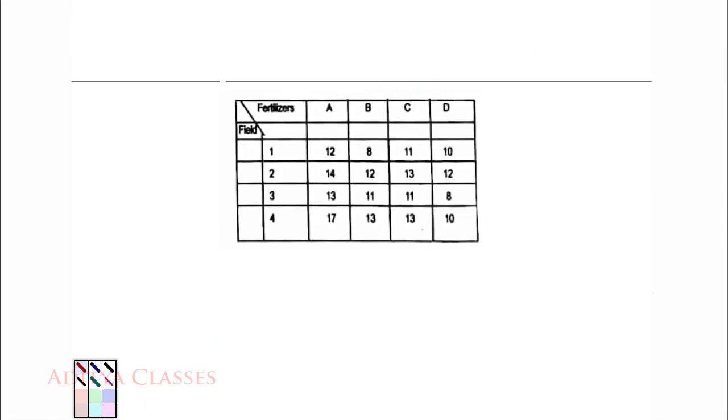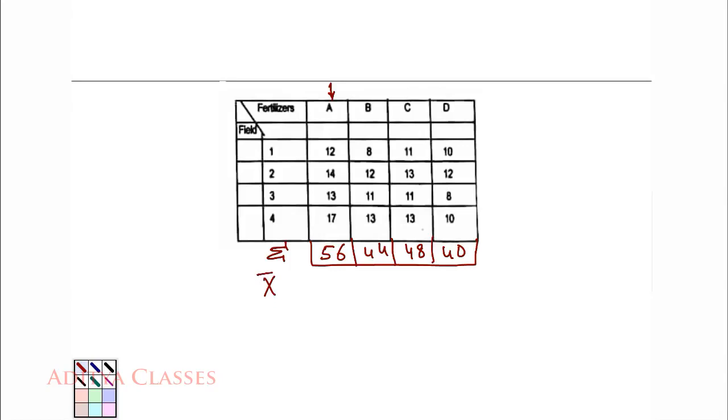So if it is between fertilizers, then I should get the yields of A. So the total yields of all these would be, we add them, 12 plus 14 plus 13 plus 17 giving me a 56. If we add all these, we will get 44. 11 plus 13 plus 11 plus 13 would give me a 48 and the last one would give me a 40. So these are summations of within samples.